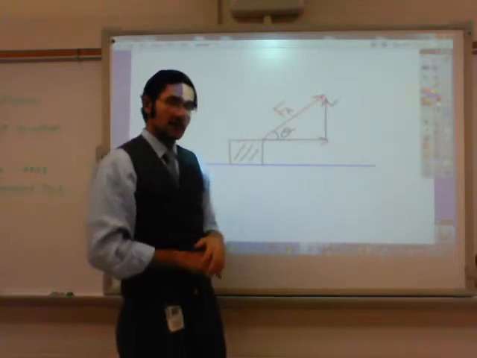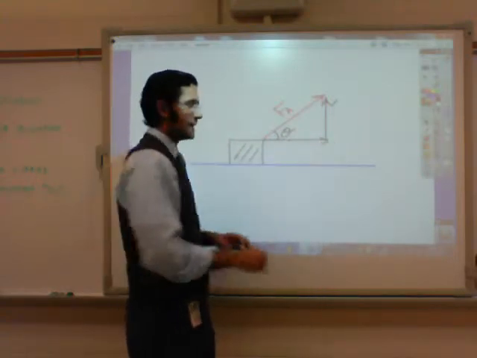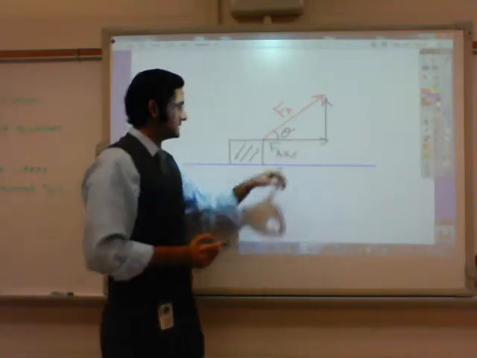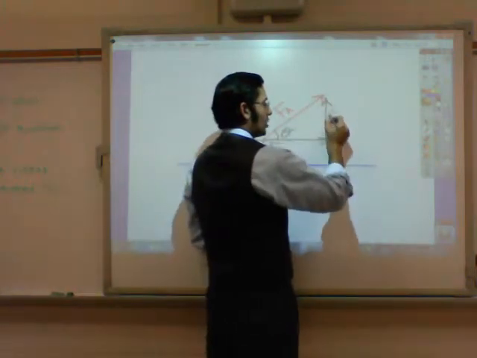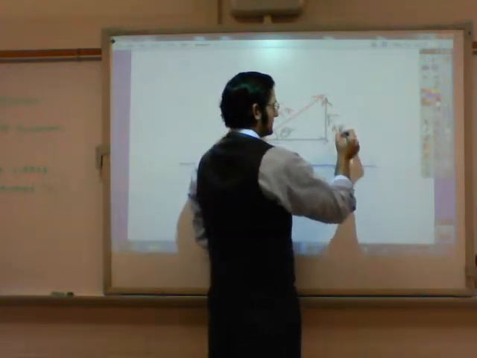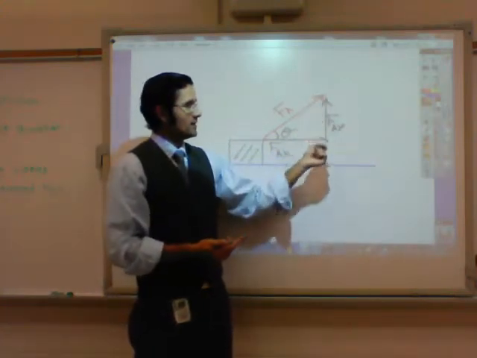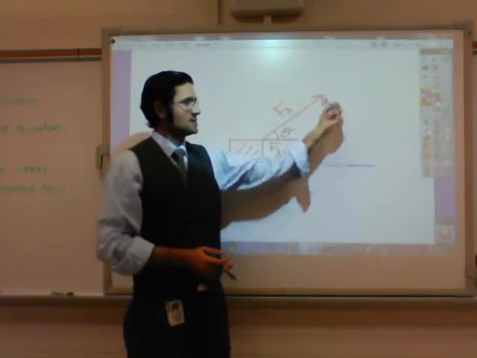It's doing two things at the same time. The sideways component, the x component, I'm going to call Fax. It's the x component of Fa. The upwards part, I'm going to call Fay, because this is on the x-axis, this is on the y-axis.